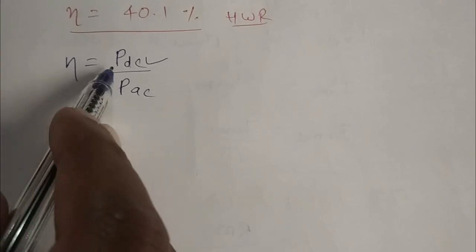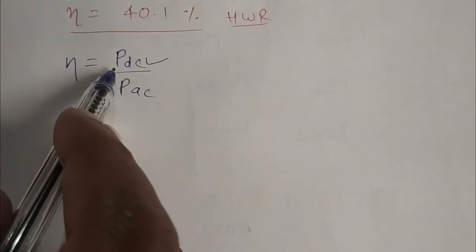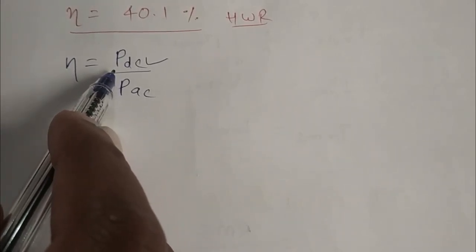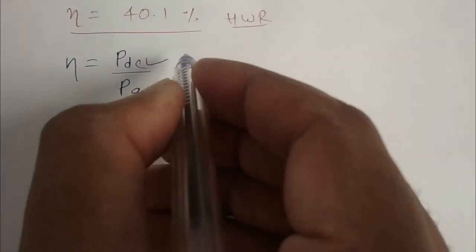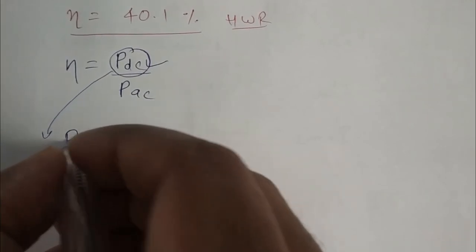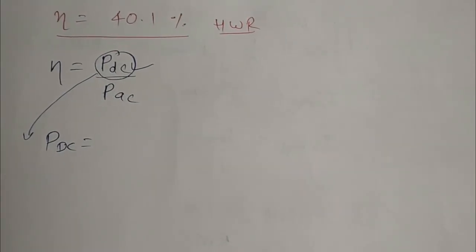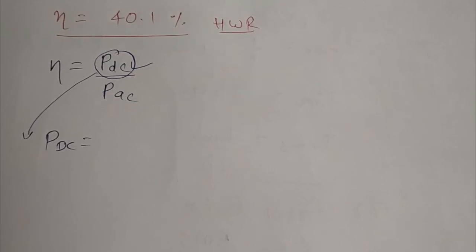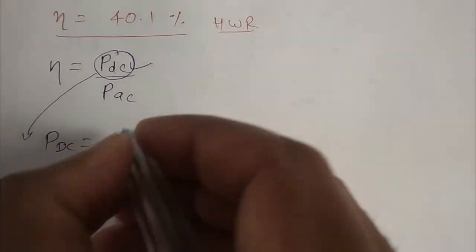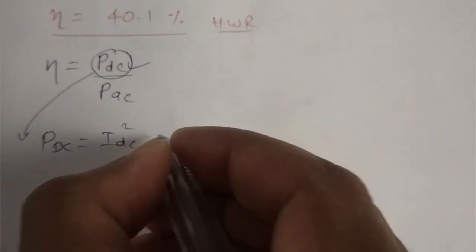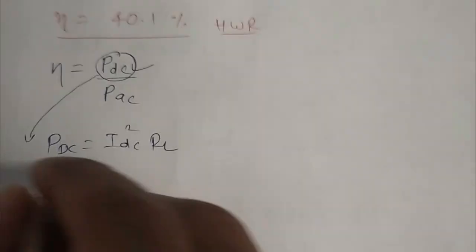For calculating power we have the simple formula I square R. So PDC will be equal to I square R. I is output DC, so I square DC into RL.